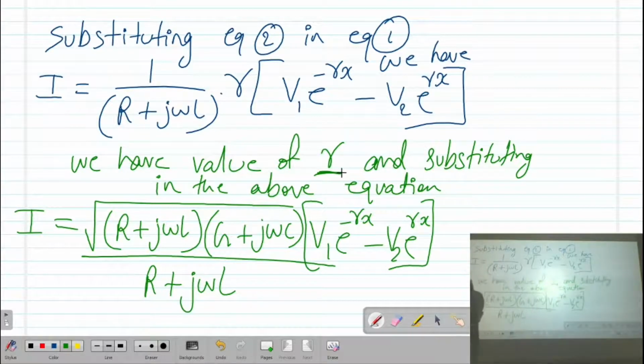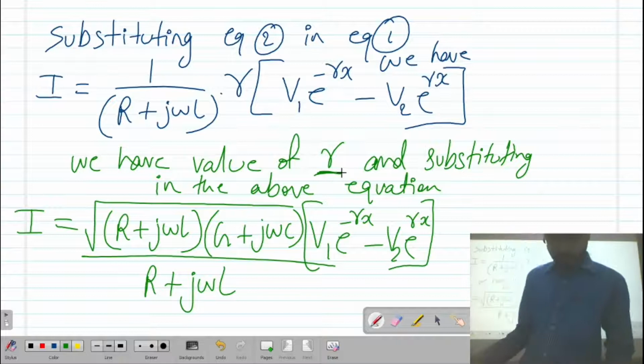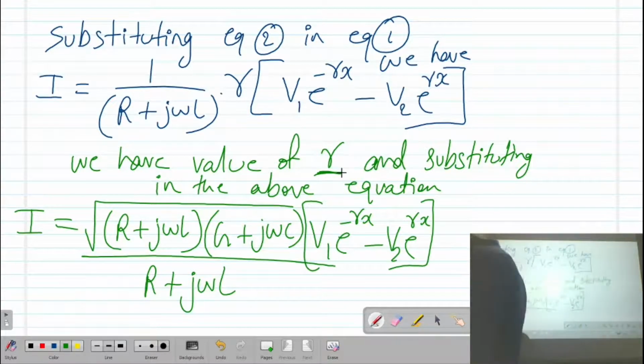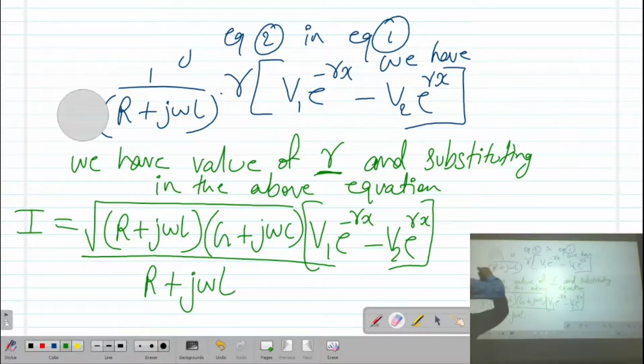Gamma is nothing but root of R plus j omega L into G plus j omega C. In the previous theory, we have already studied this relation, gamma square; we have derived that. Now moving ahead.